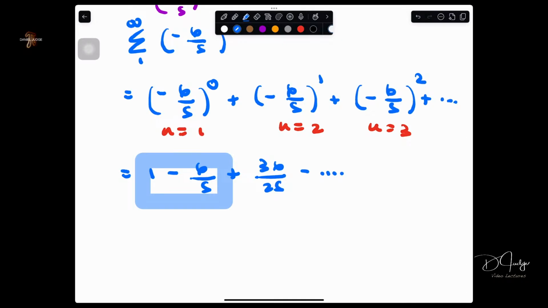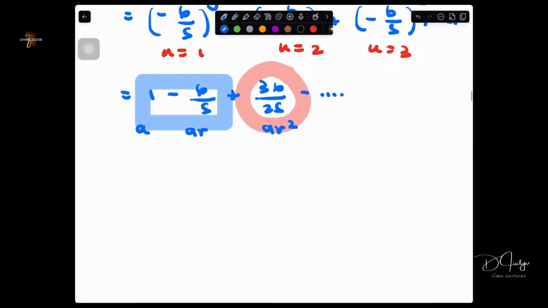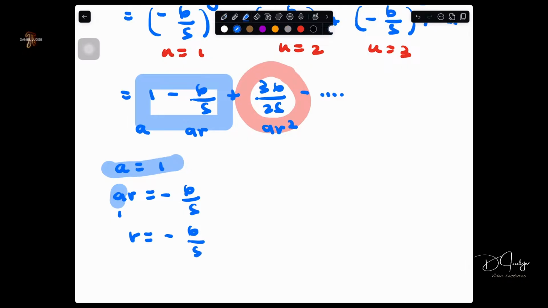Because if this is geometric, we know we have A, AR, AR squared now. So what this means is A is 1, AR is -6/5. Replace this A here with 1, which means R is -6/5. Here's our R value.